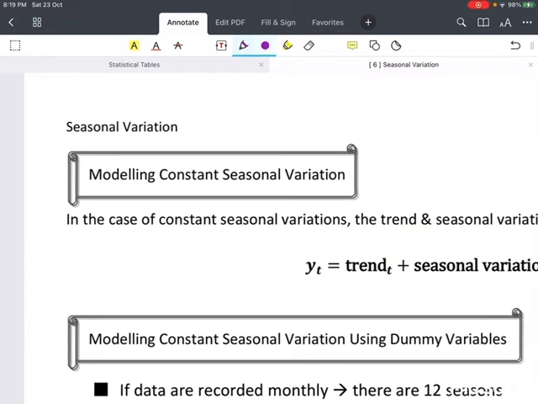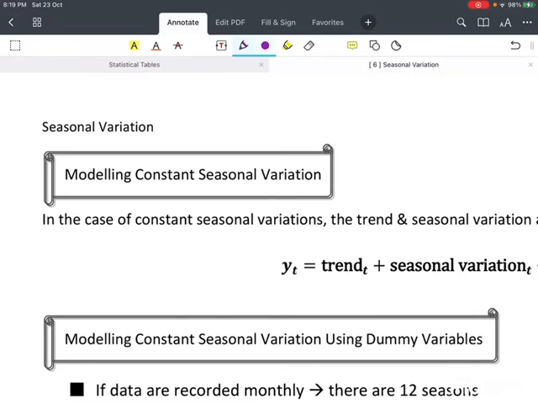Modeling constant seasonal variation. Why do we say constant seasonal variation? Because we do the modeling only at the constant.